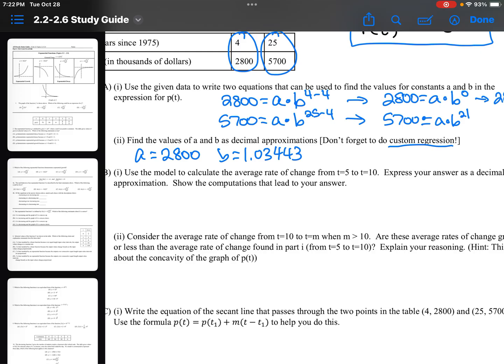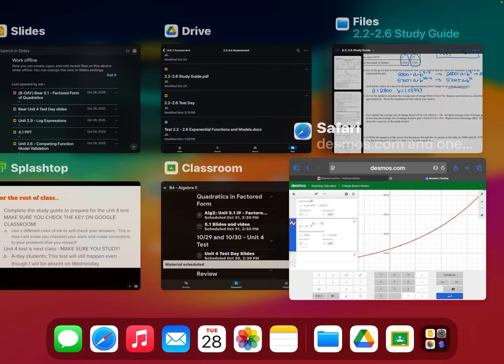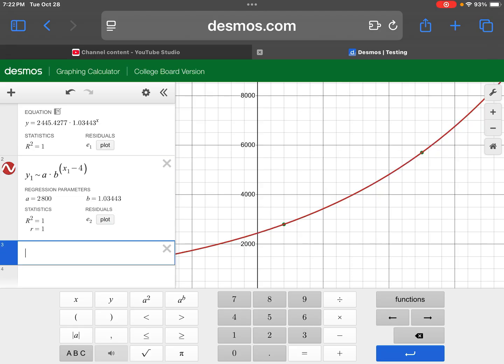Now I'm going to answer part B, items 1 and 2. To do this, I'm going to store that equation into my Desmos here. I'm going to store this as P of T, because that's what it said this function was. It's easier on a keyboard to do this.